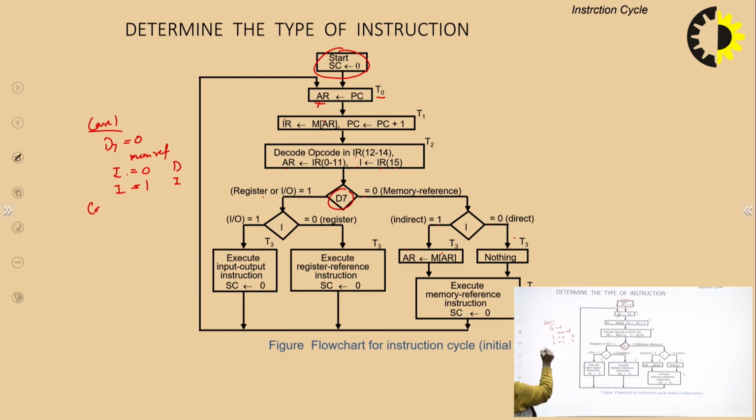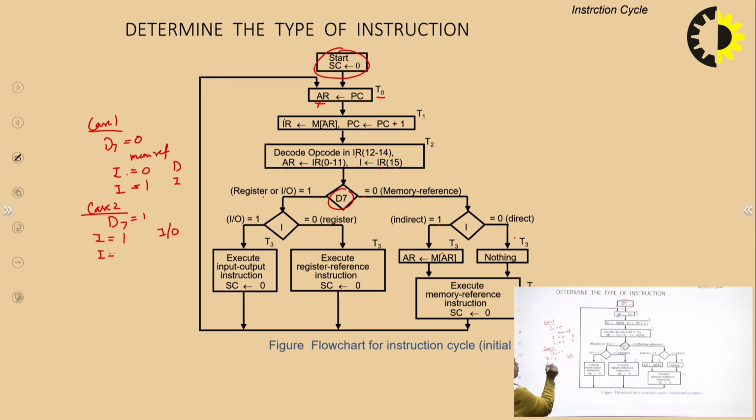In the second case, if the D7 value is 1, two things can happen. It can be a register reference or an input output instruction. If register reference, again you have to check the I value. If the I value is 1, then this particular instruction is an IO instruction.